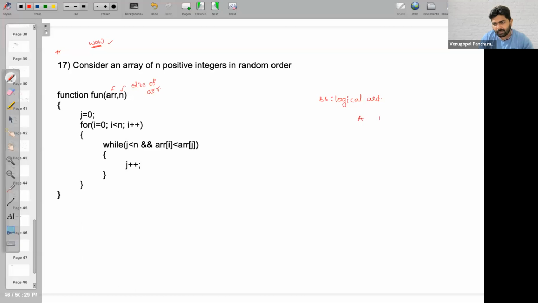So A, B, A logical and B. Both are true, this can be true false, this can be false true, false. If both are true, then only this will become true. In all the other cases, it will become false. This is the table.